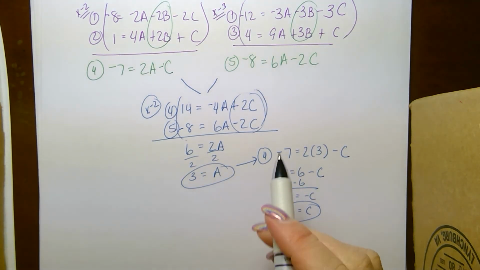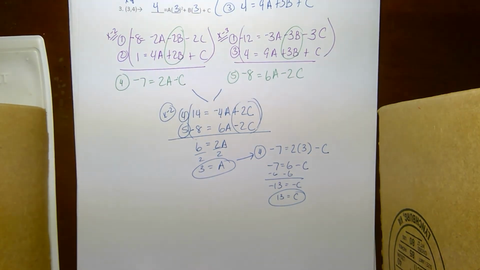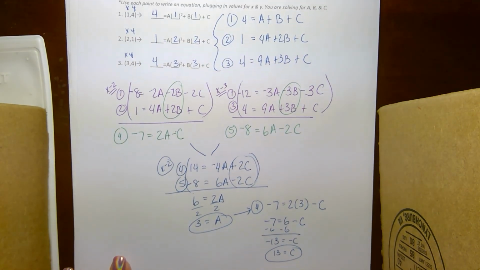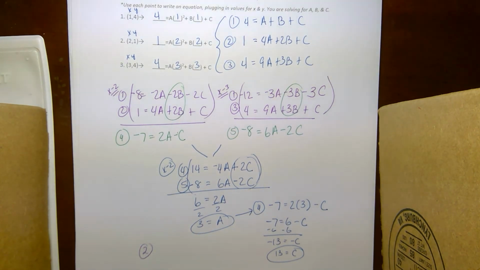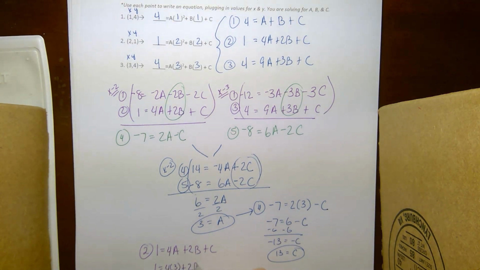I can sub in to any of my first three original equations, 1, 2, or 3. Let's use equation 2. Equation 2 says 1 equals 4a plus 2b plus c. Well, a is 3, so 1 equals 4 times 3. I don't know b, and c is 13.